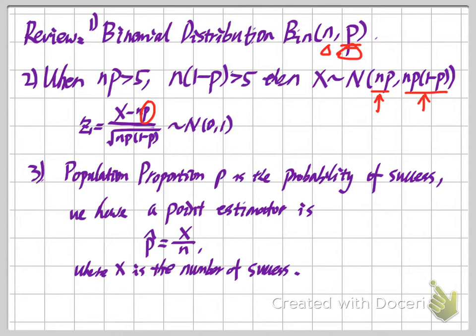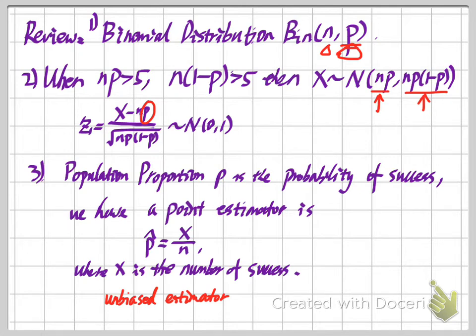So why do we choose this x over n here? Because it has very good properties. This estimator is actually an unbiased estimator. So that's why we choose this estimator inside our confidence interval.